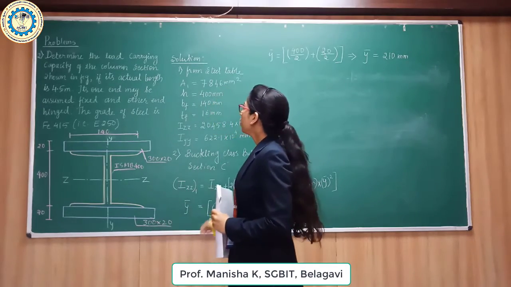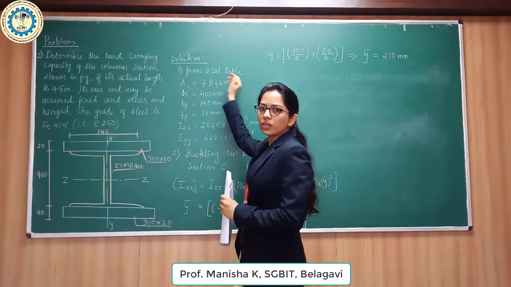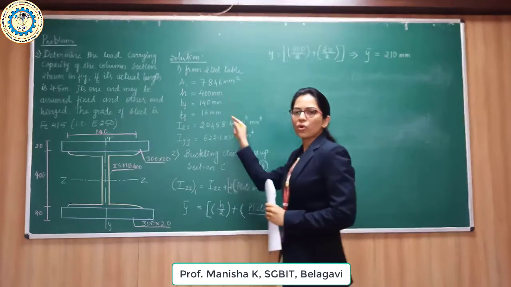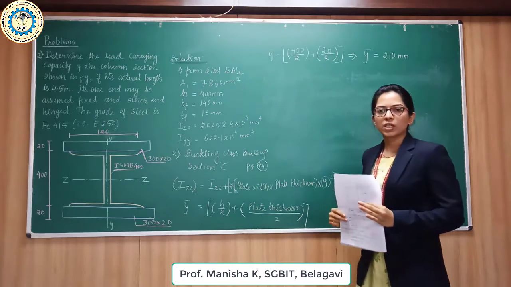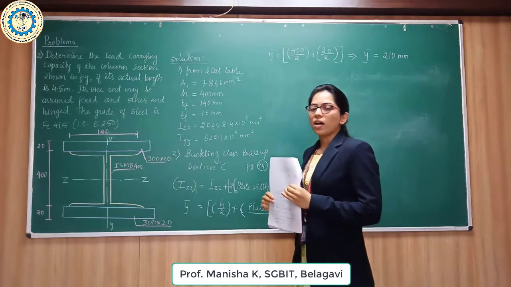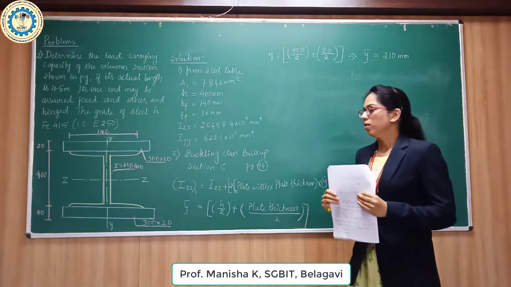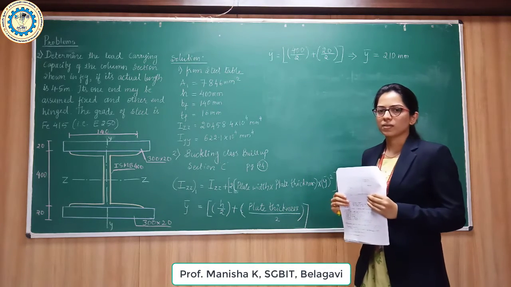Now to calculate that, we need to begin with this solution, and in this solution, in first step we have to go for the sectional properties of an ISMB 400 and the plate section, that is nothing but 300 by 20 mm plate sizes.